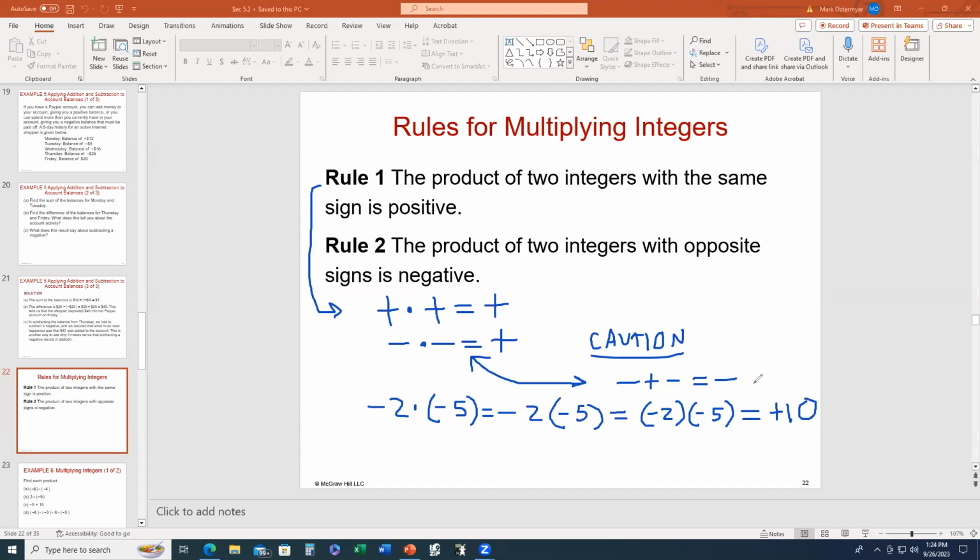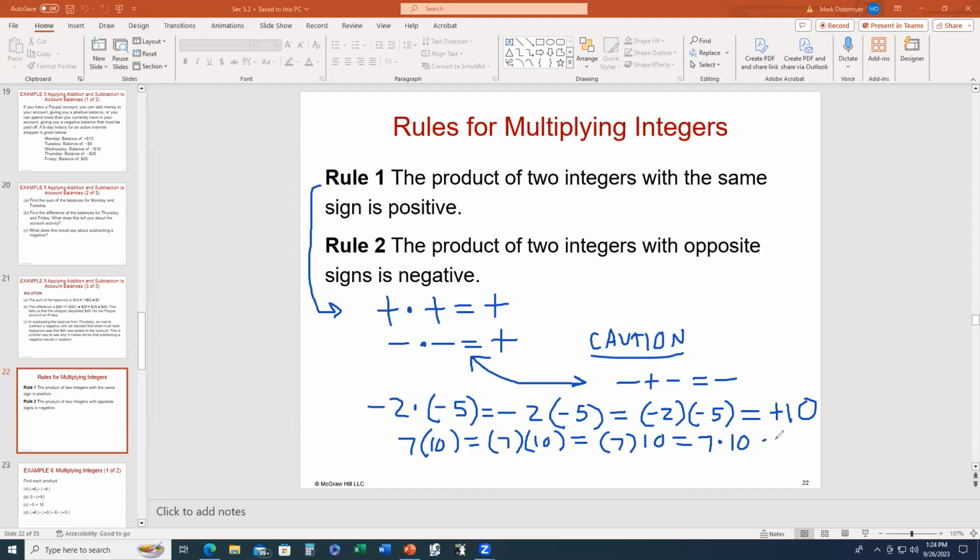Positive 10. And obviously a positive 7 multiplied by a positive 10, there are many different ways to show 7 times 10. All these are equivalent ways of showing 7 times 10.